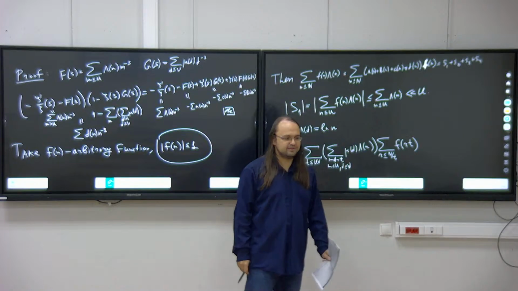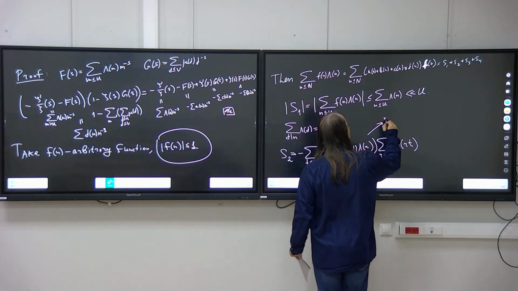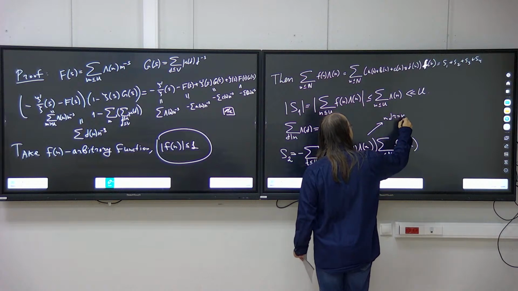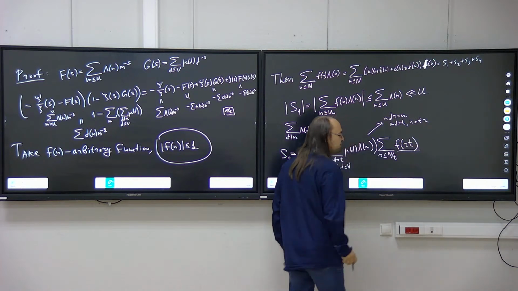Okay? So what I did here is mdr is equal to n, md is equal to t, and n is equal to tr. Here is f of n.